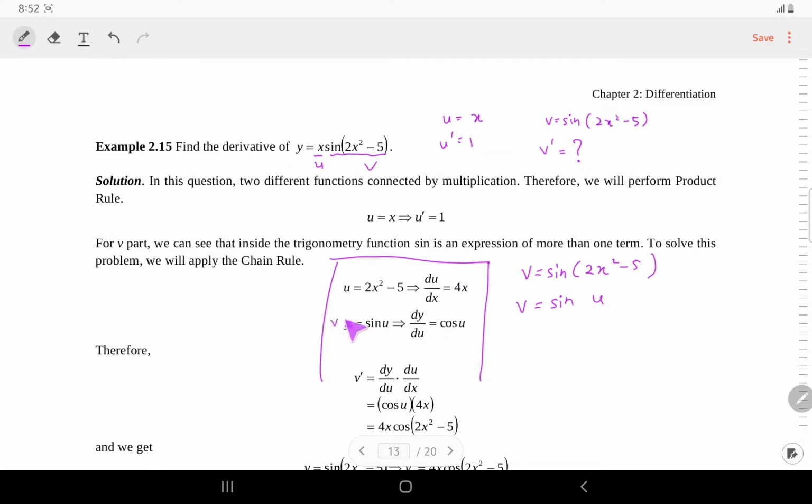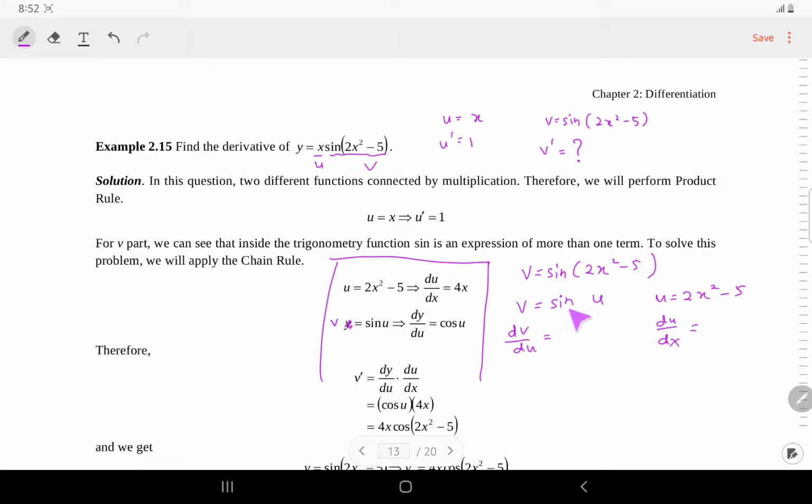Okay, our u is 2x squared minus 5 and v equal to sine u. Kita perform the same step dekat chain rule yang kita belajar tadi. So we need to find dv over du and du over dx.